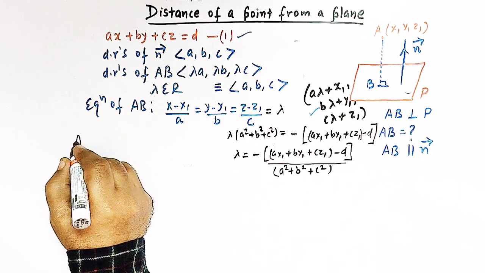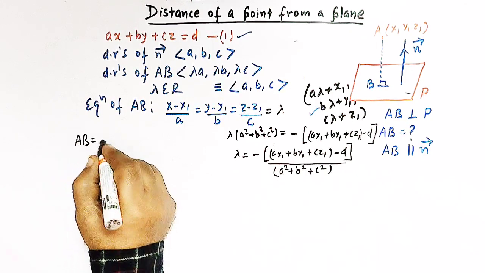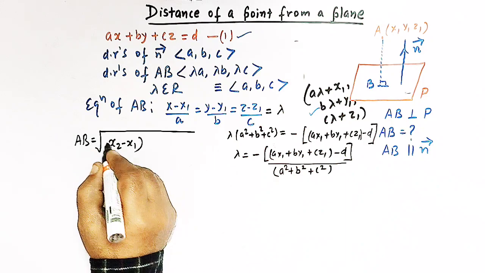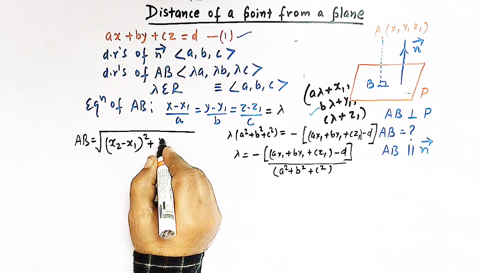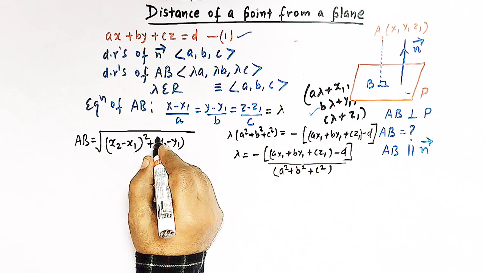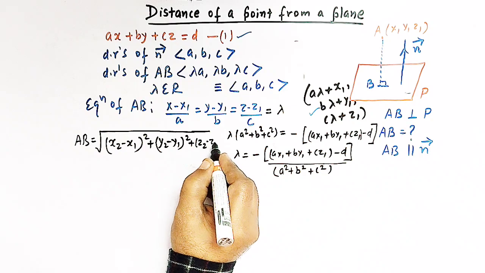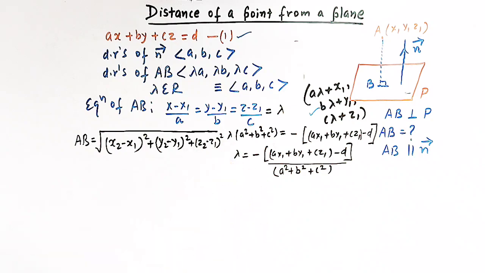So the distance formula is given by square root of x2 minus x1 whole square. Then we have y2 minus y1 whole square, and then we have z2 minus z1 whole square, right?